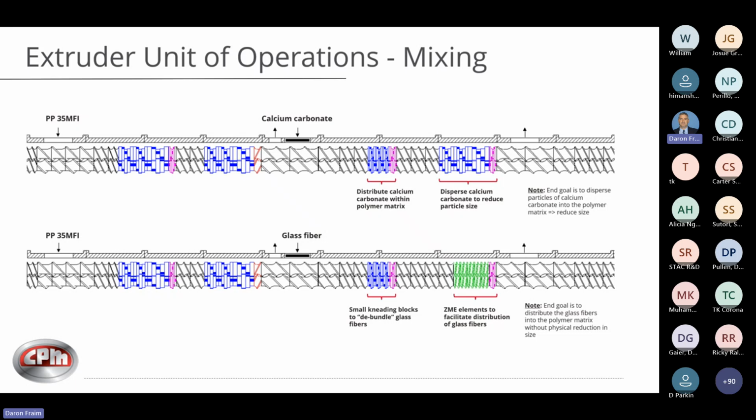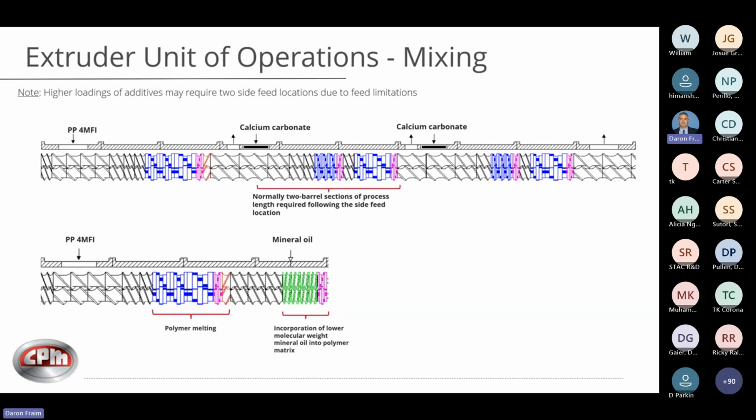But once those fibers are debundled, you can see in my last section, I'm using all gear mixing with just the last narrow reverse kneading block. The idea there is to distribute those glass fibers without reducing the physical size, so I'm not using dispersive. That's just to show a couple of examples of what type of screw design and what approach I take, depending on what you're trying to achieve in the process.